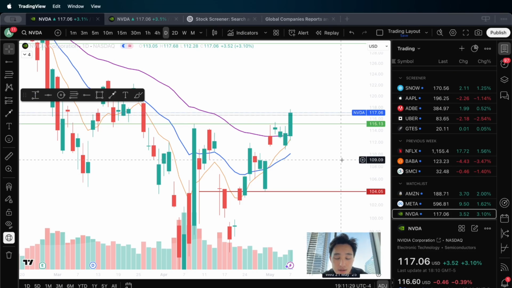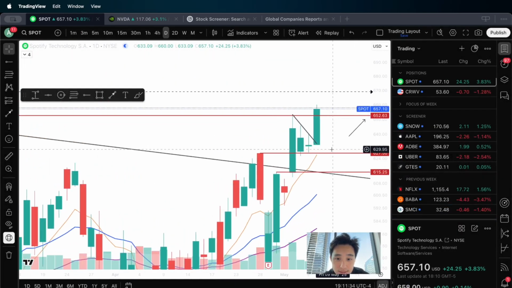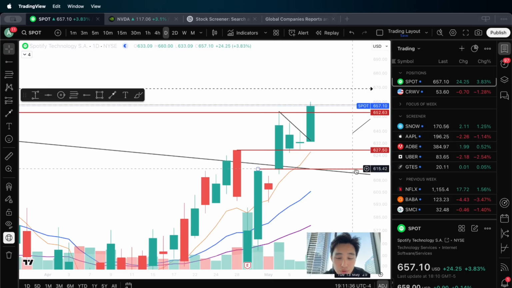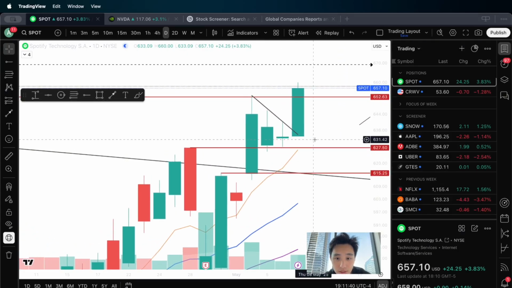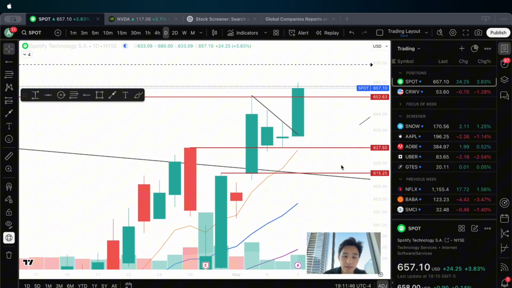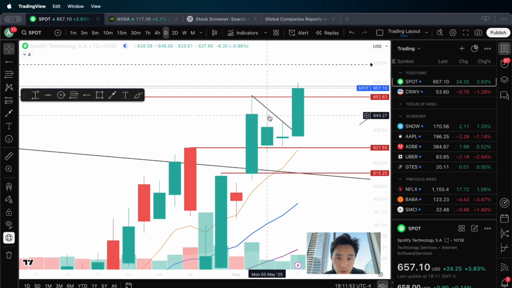An inside day, a really good example is Spotify here. We had two inside days on Monday and Tuesday of this week, and then today is the day we actually got that pop. Basically, an inside day is having the entire candle, including the wicks, fully encompassed by the previous candle itself.